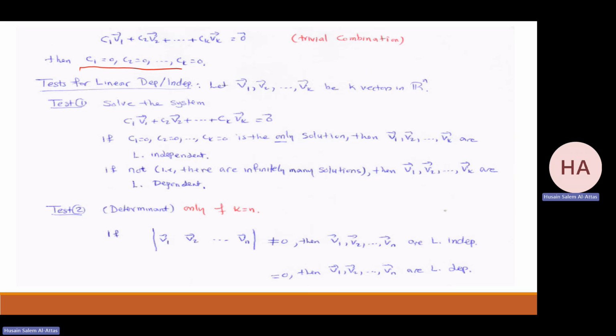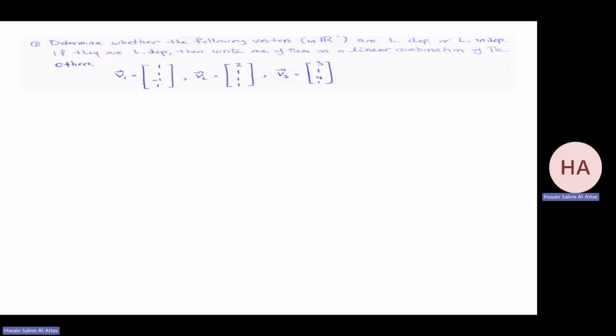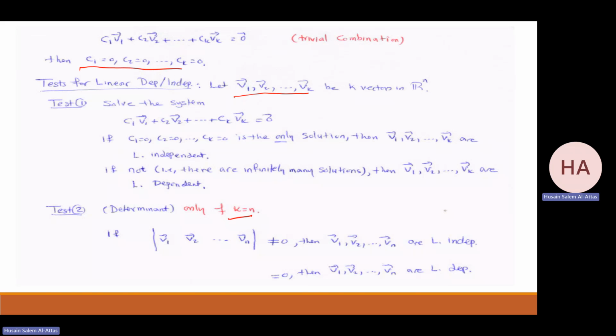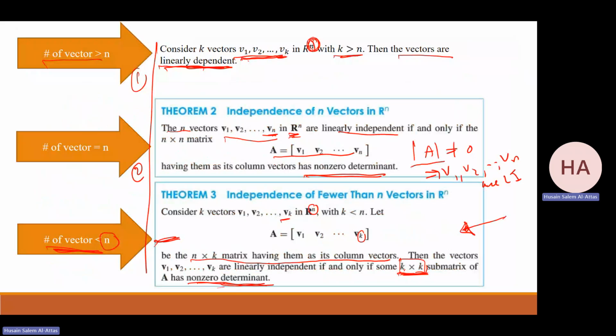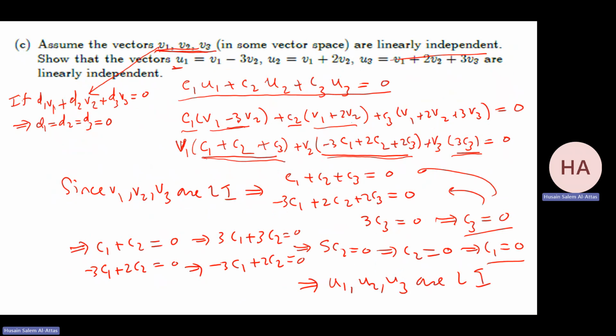Test for linear independence: if I have K vectors in Rn, we solve the system, we'll find the C's. If K equals n, then the determinant will help. If K is greater than n, number of vectors greater than n, then they are linearly dependent. If K is less than n, then I need to deal with this submatrix. Let me do more problems.